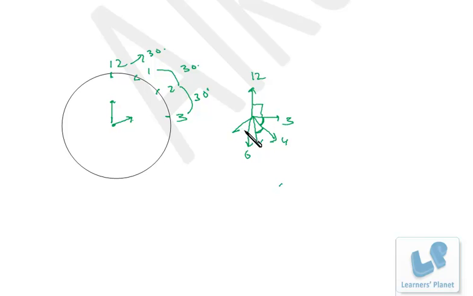This complete angle is what? This complete angle, okay, I just redraw. This is 7 o'clock. This is 6, 5, 4, 3, 2, 1, right? This complete angle is 360 degrees, and this angle, how could we calculate?